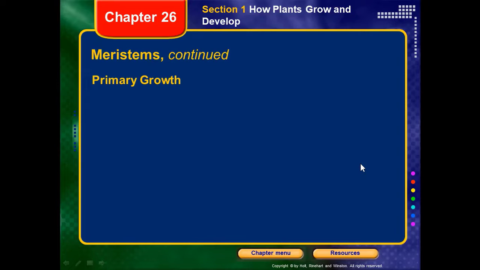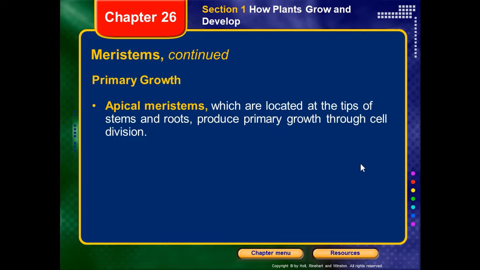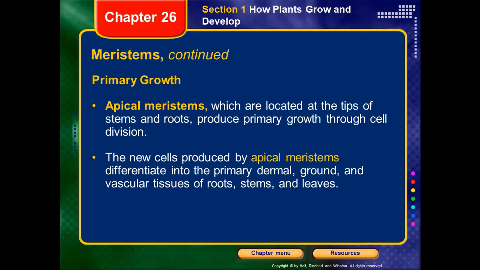So primary growth, what can we say about this condition? Apical meristems that are located at the tip of the stem and roots produce primary growth through cell division, of course by mitosis, right? The new cells produced by apical meristems differentiate into the primary dermal, ground, and vascular tissues of roots, stem, and leaves.